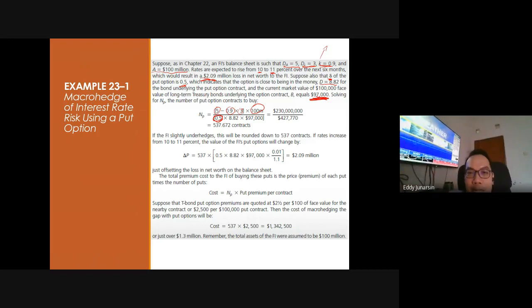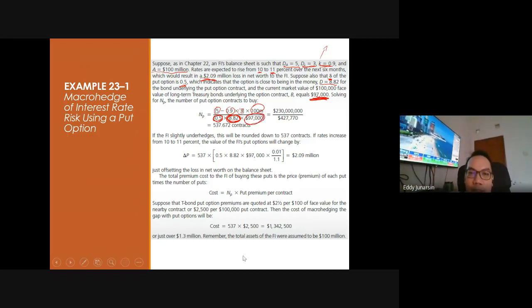Remember, once again, this is the delta of the option, the change in option price per $1 change in the underlying bond value, multiplied by the duration of the underlying bond multiplied by the value of the bond.